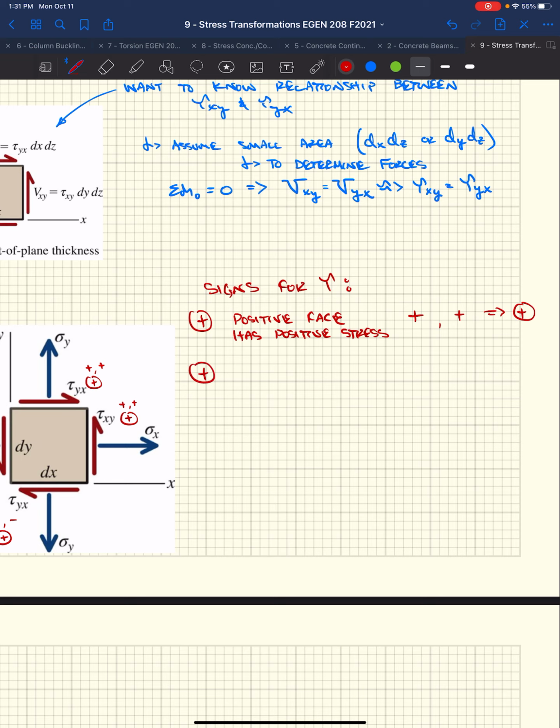Another case we could have a positive is if we have a negative face and it has negative stress. Negative, negative, we get ourselves a positive, right?